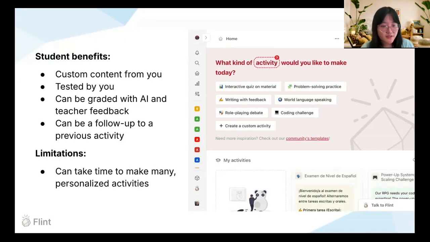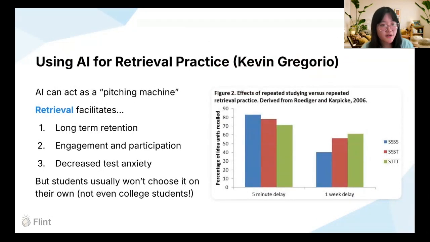Yeah, and so this is some retrieval practice research that Kevin Gregorio, who is on the call today, actually shared with our team a while back, and really talking about how AI can act as a pitching machine.